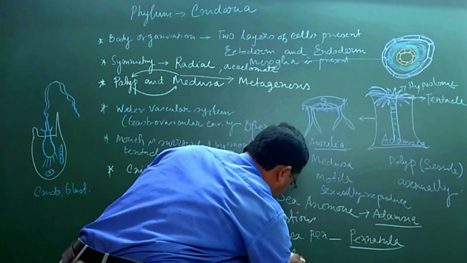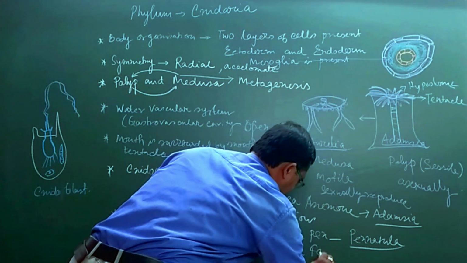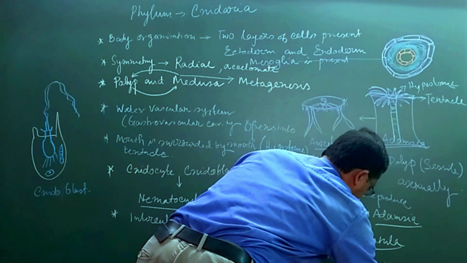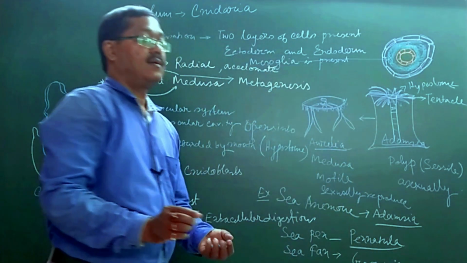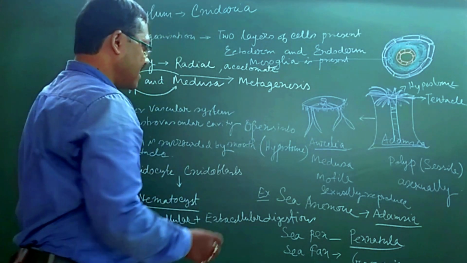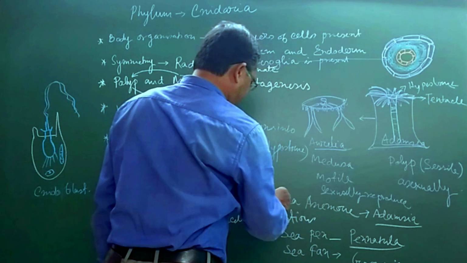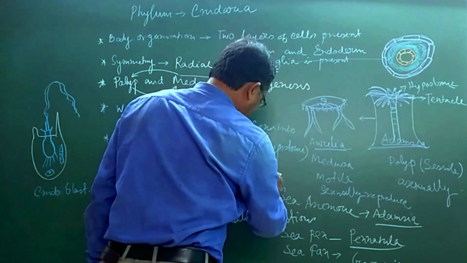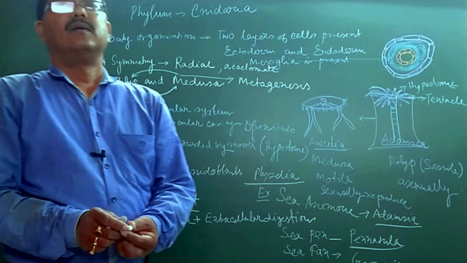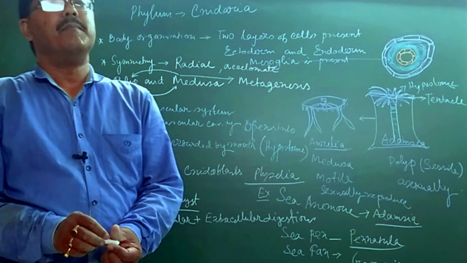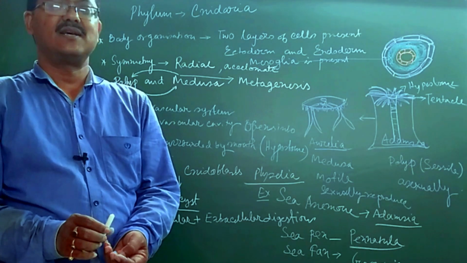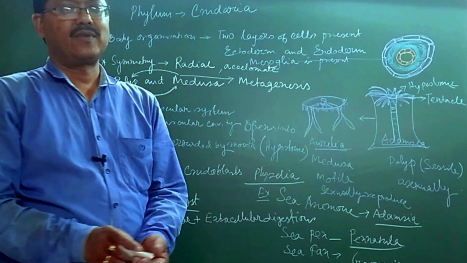Sea fan, Gorgonia. Portuguese man of war, Physalia. Another member is Physalia. Brain coral, that is called Meandrina. Many other different genera belong to this phylum.